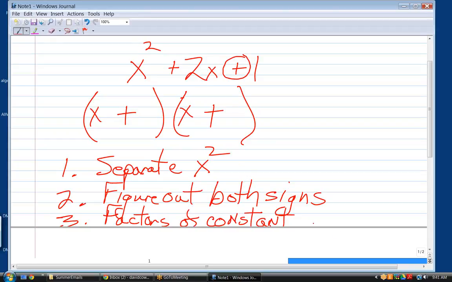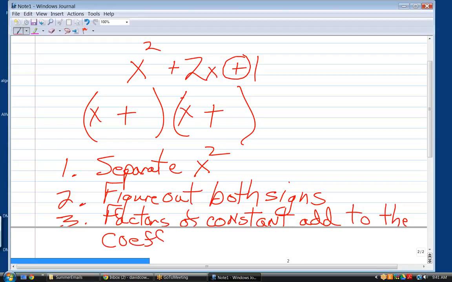Because that's a plus sign, they have to add to the coefficient of the middle term. For right now, that's all you need to memorize. It's going to get a little more complicated as we make these more complicated.